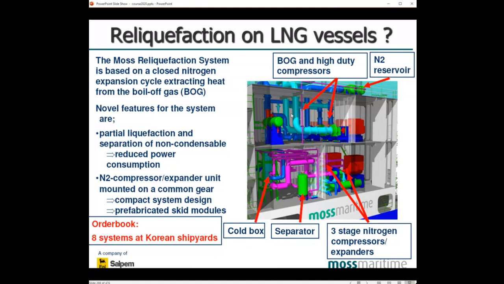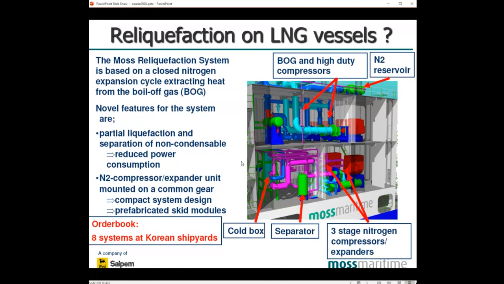And one of the solutions has been especially invented or drawn up by Moss. You remember the name Moss maybe from these spherical B tanks, spherical LNG tanks. The Moss company is really doing a lot of research on reliquefaction on board of LNG vessels.